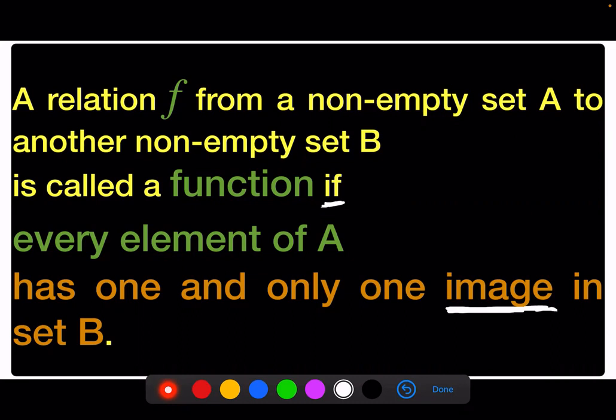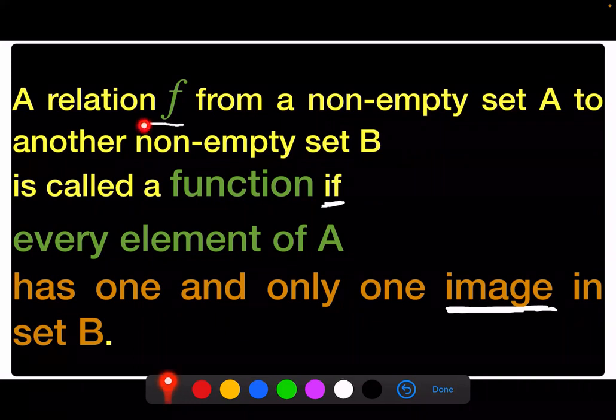Okay, so let us go through this slide again. So we are saying a relation itself is a function. Okay, so we can say function is a type of relation, but उसको additional conditions आ गए. Okay, थोड़े requirements बढ़ गए. Relation, okay, from a non-empty set. ये non-empty होना important है.